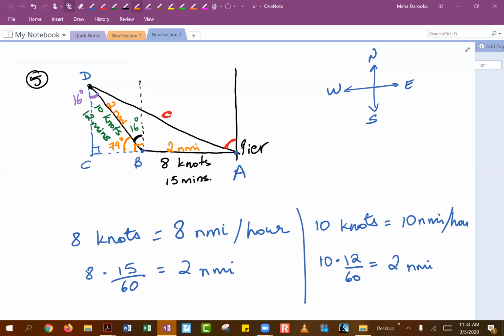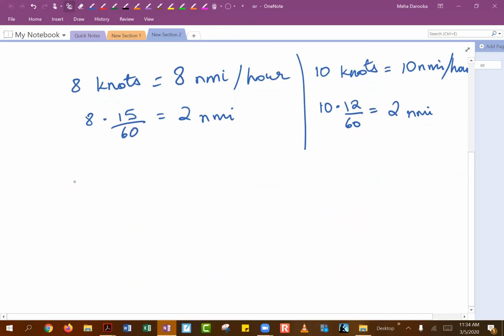So how would we find those smaller sides? So let's say this guy here would be side D, this guy here would be side B. So just looking at triangle BCD.